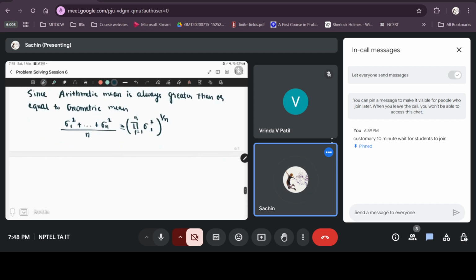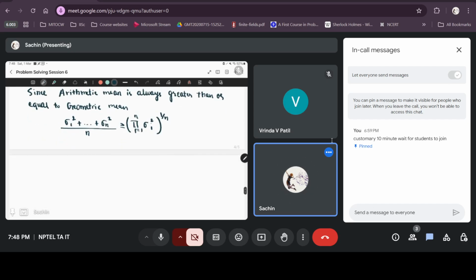So log is an increasing function. So you can take log on both sides, and the inequality won't change.